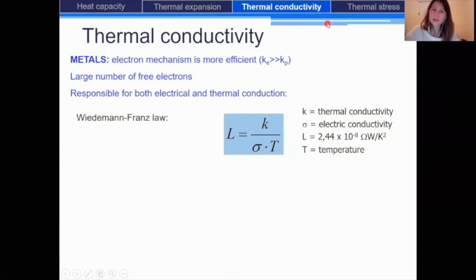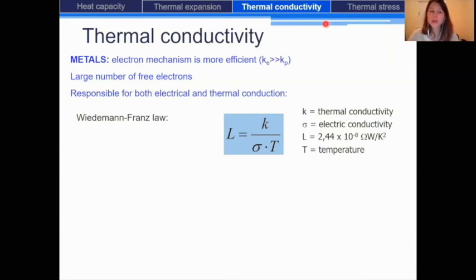So what is the mechanism of thermal conductivity in metals? In metals, we have quite a lot of free electrons, and so the electron mechanism is more efficient. We have Ke, which is much higher than Kp. And so these free electrons are responsible for both the electrical and thermal conduction.